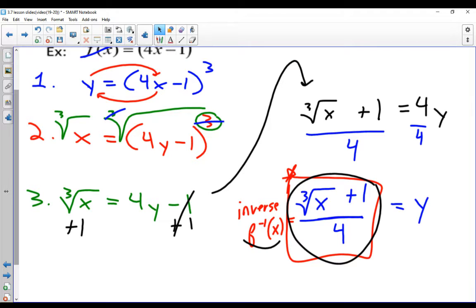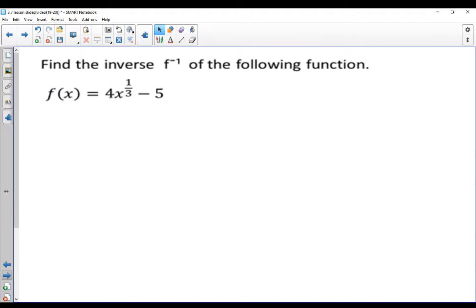So let's try a couple more of those. There's a couple extra things that you might want to know, but for the most part, that's basically it. Now let's try this example. Find the inverse of the following function. Again, start with your first step: replace the f of x with y.